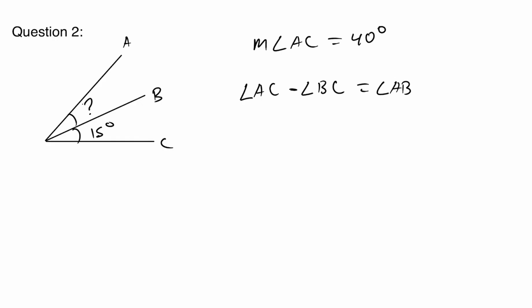And we're doing this because we know that angle AC is simply made up of angle AB and angle BC. And so when we do that, we'll get 40 degrees minus 15 degrees, and that'll give us 25 degrees. So the measurement of angle AB is simply equal to 25 degrees.